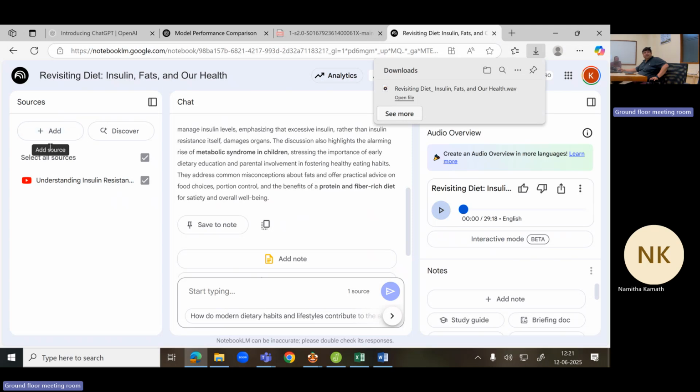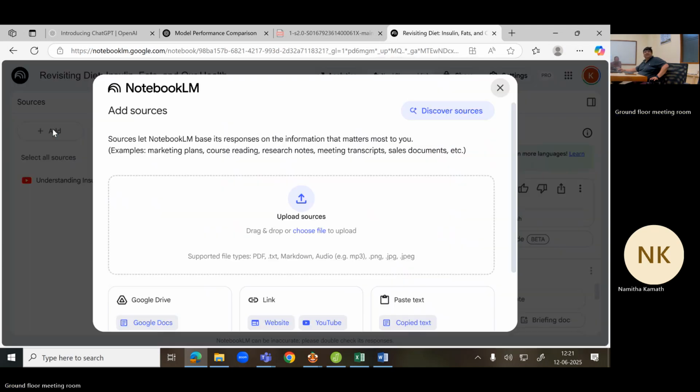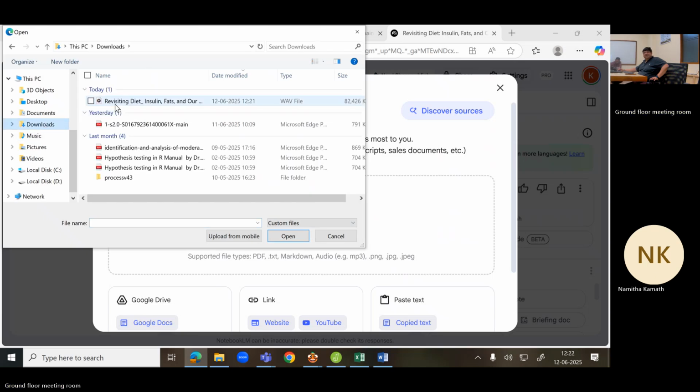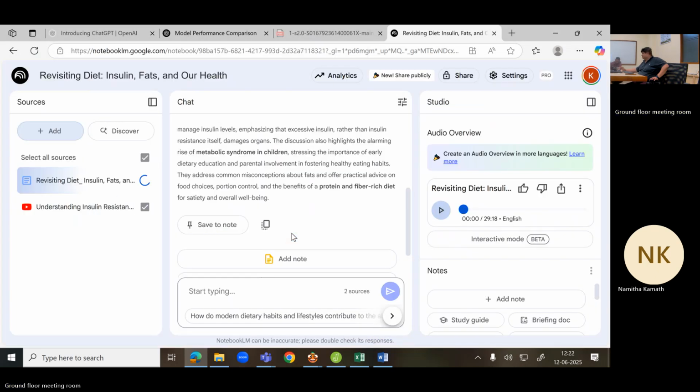All I do is click on add and again choose that file which I downloaded. Open that.